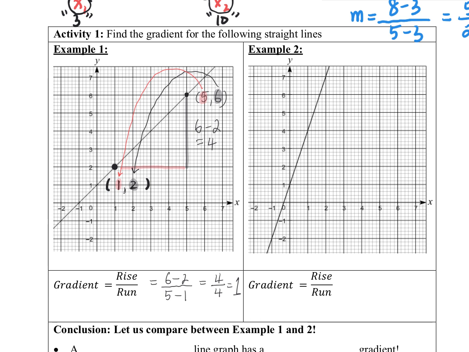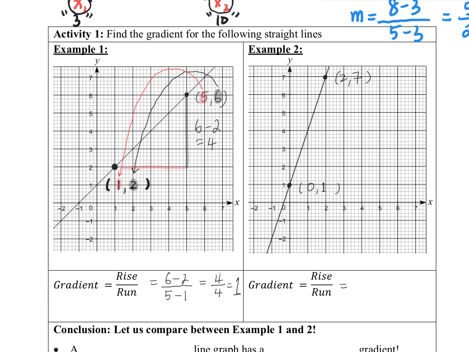Okay, next one. Let's try to read another point here. What is the coordinate of this point? 0, 1. Let's pick another point that is easy to read here. 2 and 7. Okay, so TJ, can you help me find the rise?